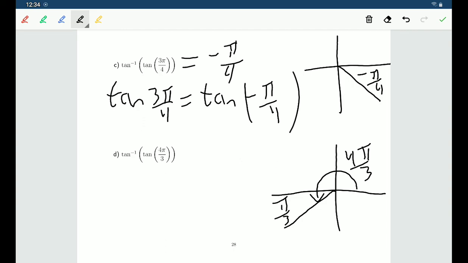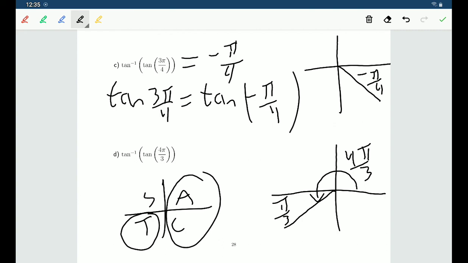So my reference angle is pi over 3, and that would be in quadrant 3. Quadrant 3 happens to be where tangent is positive. Now, I know that tangent inverse will give me an angle in quadrant 1 or quadrant 4, but since I know that we are in an angle where tangent is positive, it'll give me my answer in quadrant 1 where tangent is also positive. So reference angle is pi over 3.